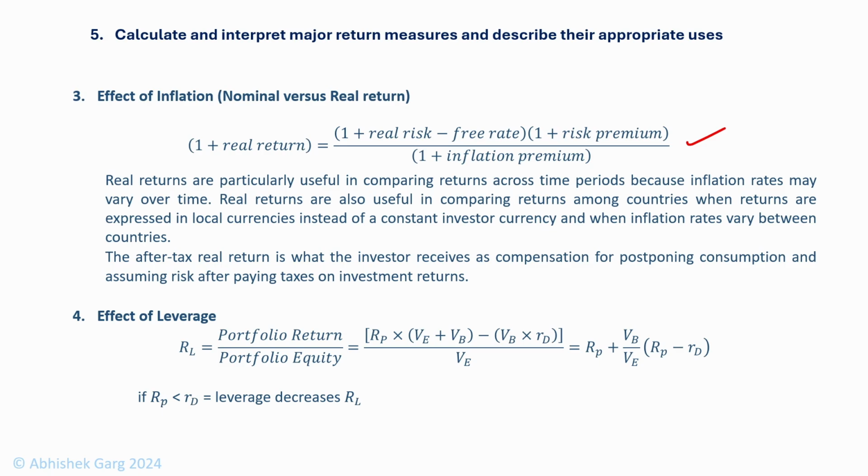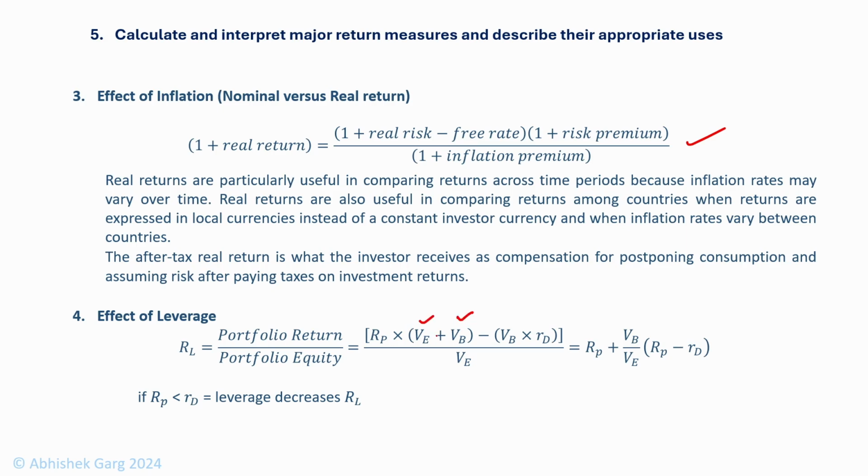The last one is the effect of leverage. So how to calculate the effect of leverage? First of all, you need to calculate the portfolio return that you have earned, which is the rate of return on the portfolio times the equity of the portfolio plus the borrowed funds.